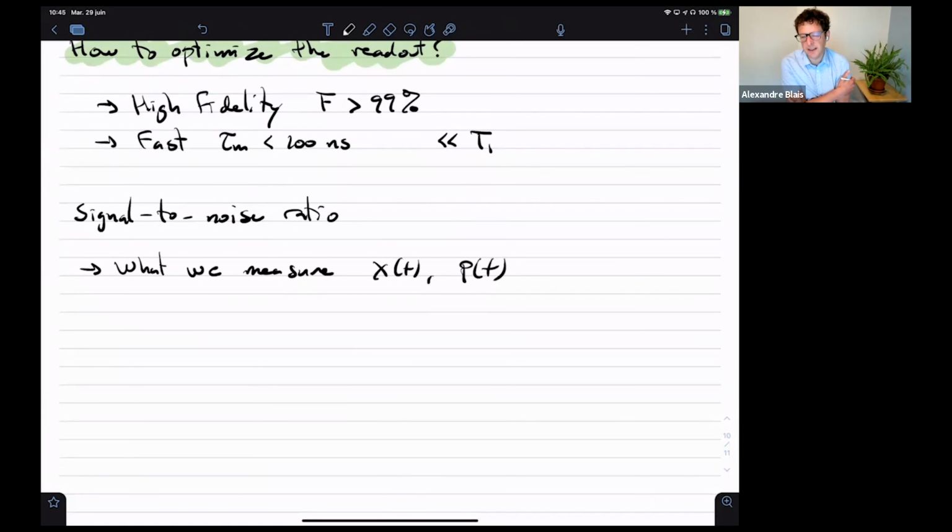And in fact, in practice, because of technical details that I didn't talk about, we are often measuring X and P simultaneously. This is what a so-called IQ mixer does. So this signal is ours, and we can do whatever we want with it to maximize the likelihood that we infer the right answer.